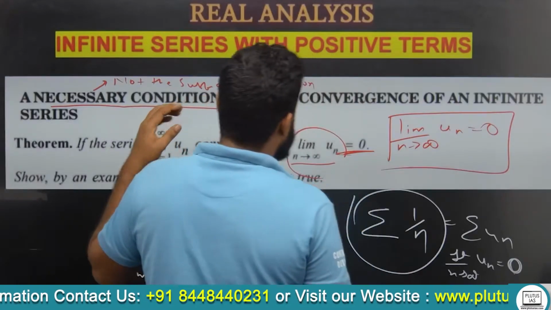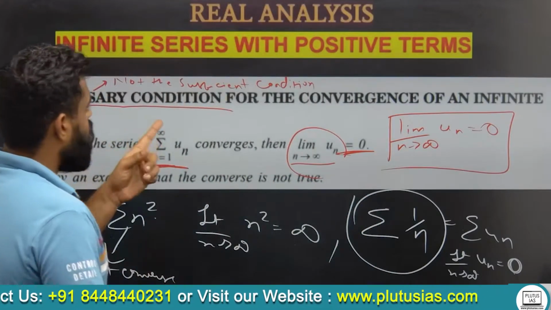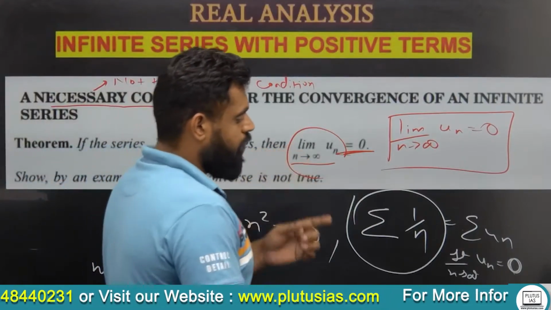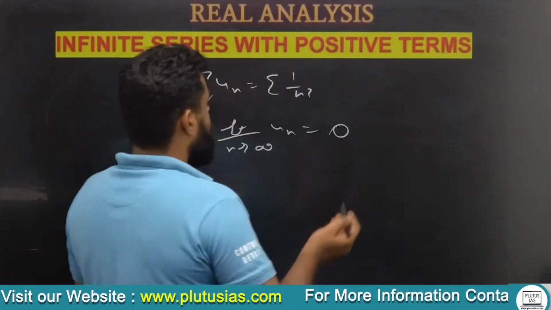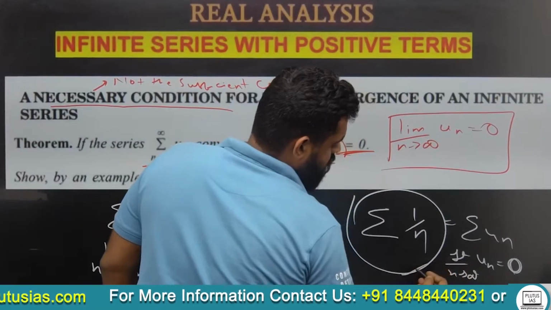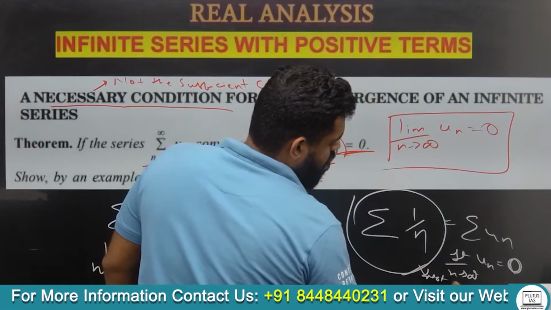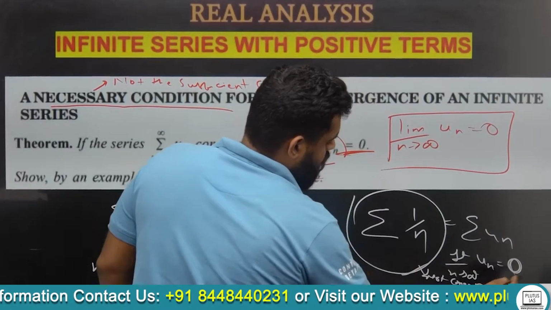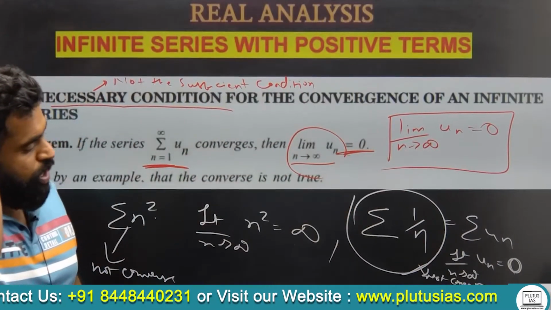See, I told you this is a necessary condition, but not the sufficient condition. So for this is convergent, by the way, and this is not convergent. This is not convergent, and that is convergent. We will see that what happens after this.